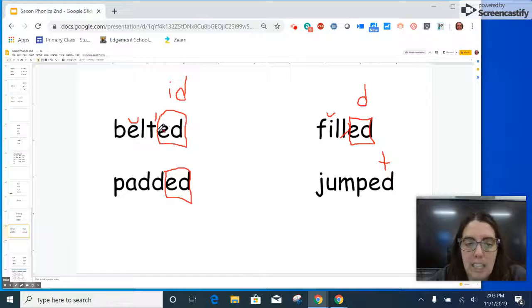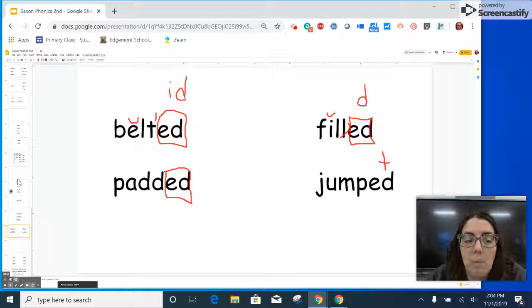So if a word ends with T or D and you add a suffix ed, it's going to say id. These words over here, the root words do not end with a T or a D. So you do not say id with the ed. Many words say d with an ed at the end. But ed can say all 3 sounds, id, d, and t.